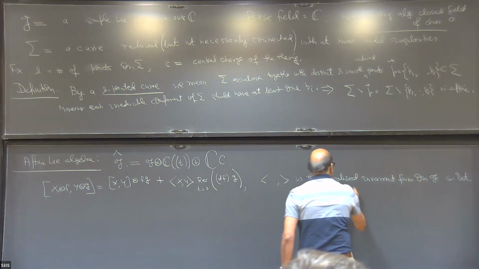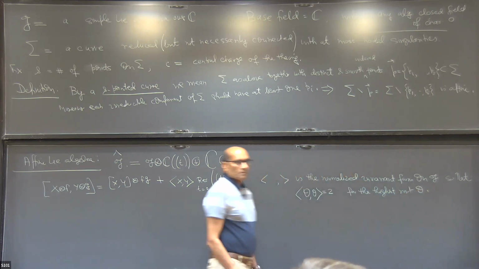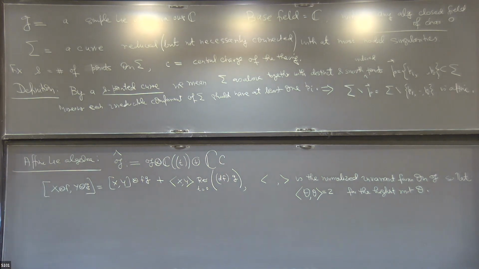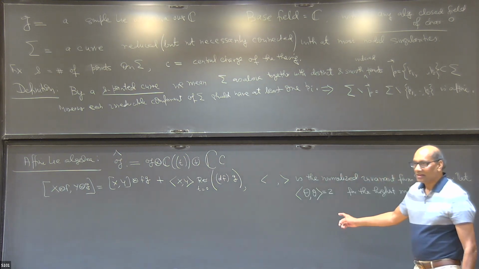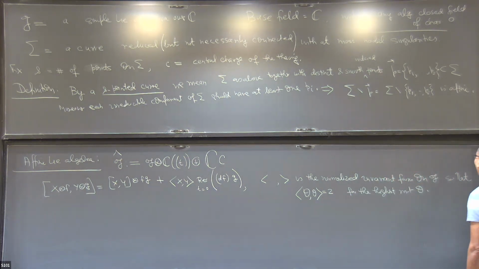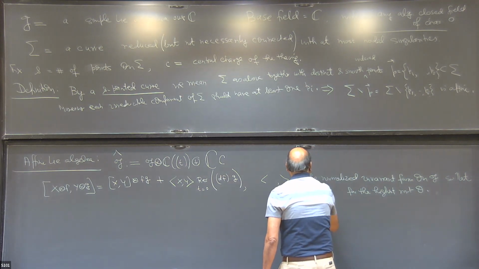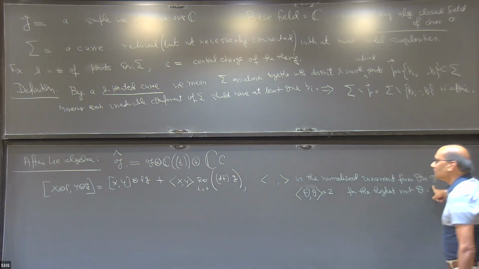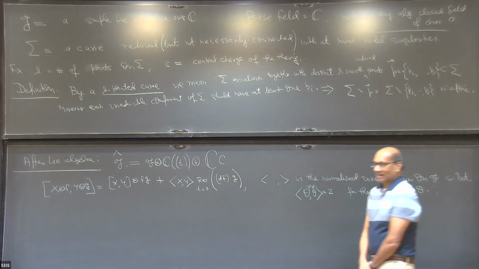This is a linear form on G star restricted to the Cartan star, and theta is there.